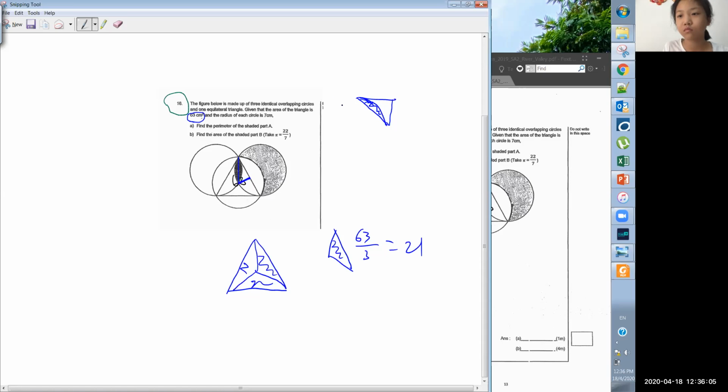Okay. So this part is given by what? This part is given by what? Can you see or not? Or you still cannot see? Yeah. Okay. So this part is given by this.